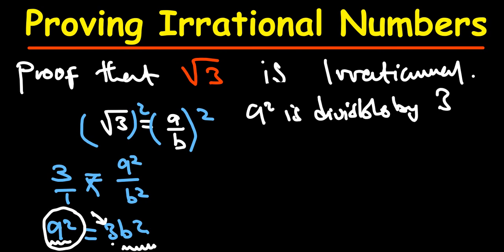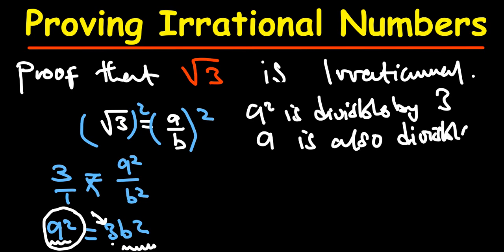So if a squared is divisible by 3, then even its square root, which is a, is also divisible by 3. So if this a is divisible by 3, then we can write a is equal to 3 by some number, k.